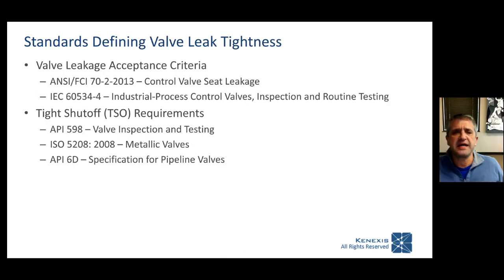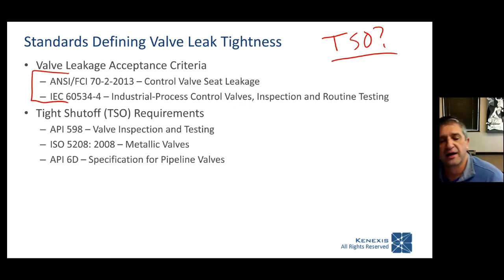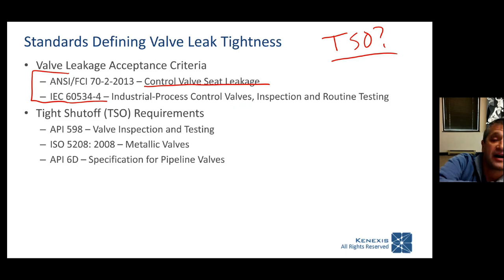Okay, so again, TSO. What the heck does TSO mean? Is it defined anywhere? Well, we looked around and we found a couple of standards that are used to talk about valve leakage requirements. The two that go together, the US and international version, if you will, would be ANSI FCI 70-2, control valve seat leakage, and IEC 60534-4, industrial process control valve inspection and routine testing.